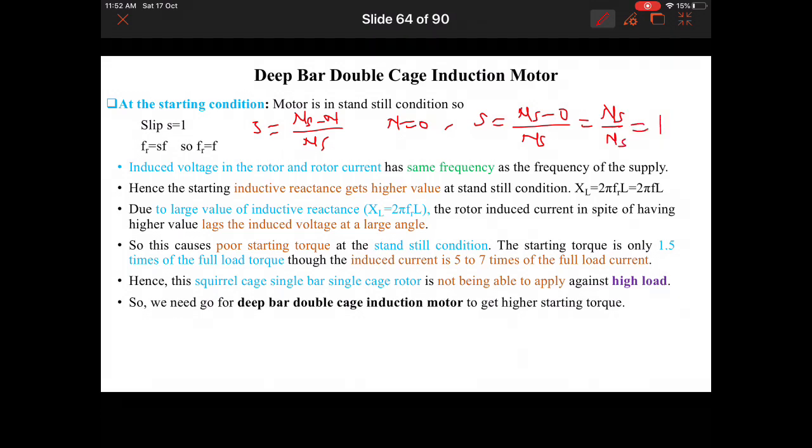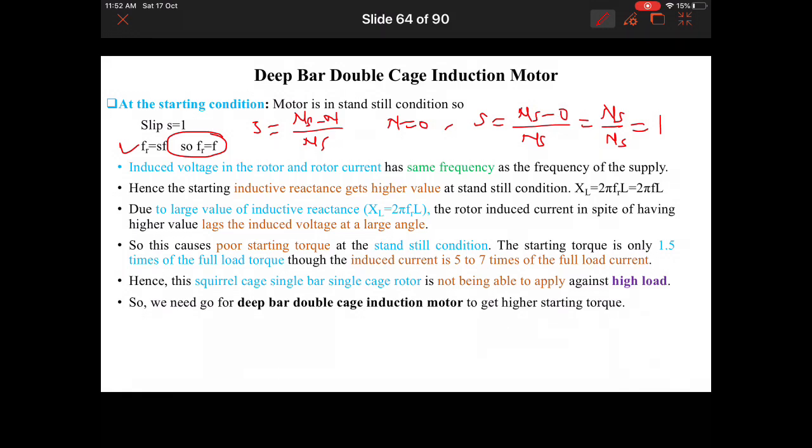We know the relation between rotor frequency and supply frequency. So if the slip is 1, the rotor frequency and supply frequency will be the same at the starting condition. Induced voltage in the rotor and rotor current have the same frequency as the supply voltage.